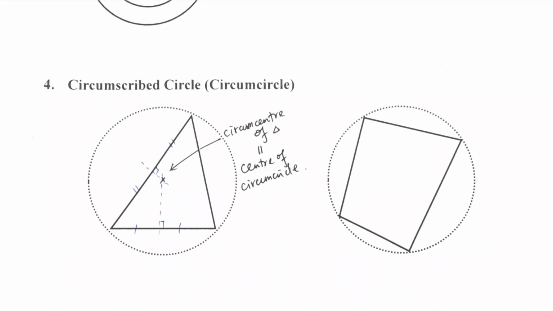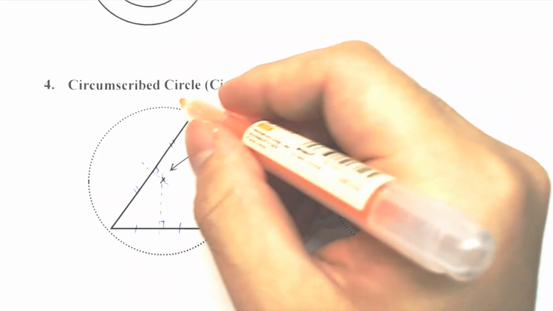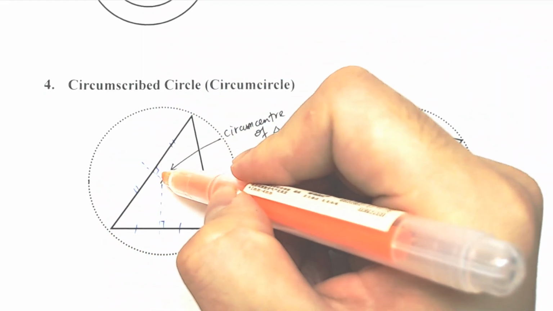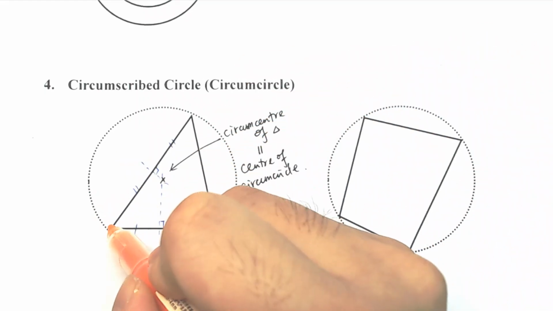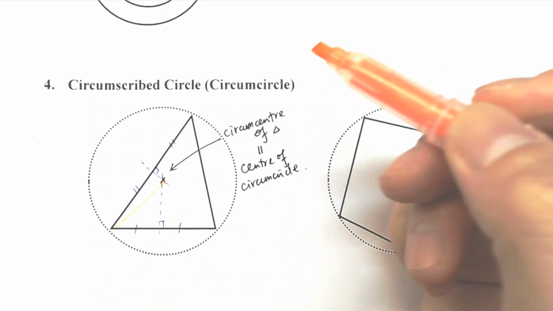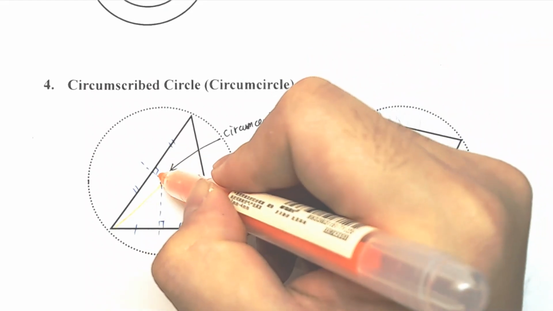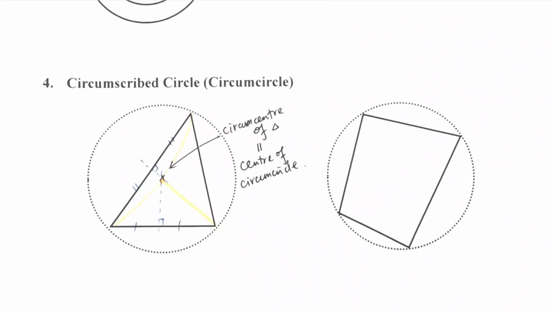And second, from the center of circle to any point on the circumference are equal. So from the circumcenter, when we join a line to any vertex of a triangle, they are of the same length. Okay?